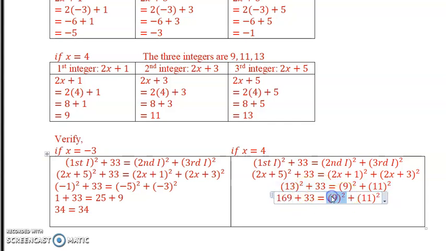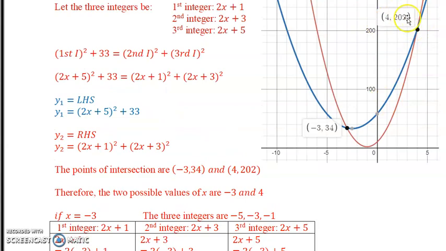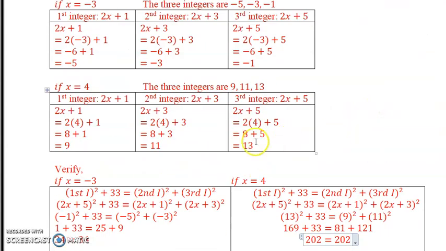We square 9, we get 81. We square 11, we get 121. And then we add the two sides together. So the left hand side gives us 202. 81 plus 121 is 202, which again is the y value of the intersection point. So it's pretty neat. That ties it all together, really.